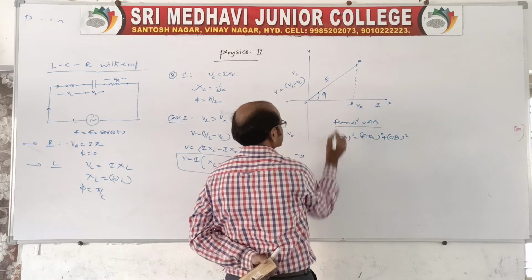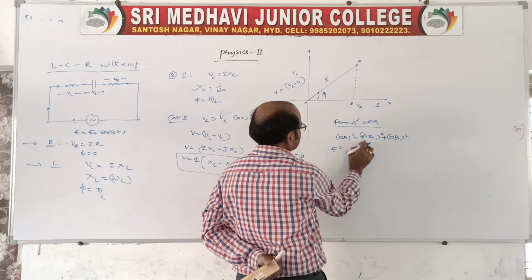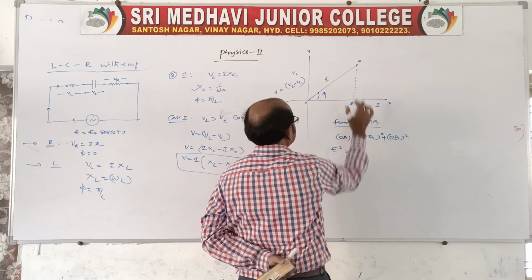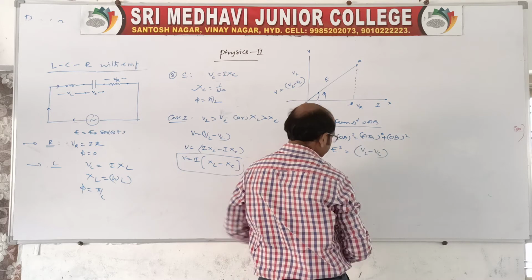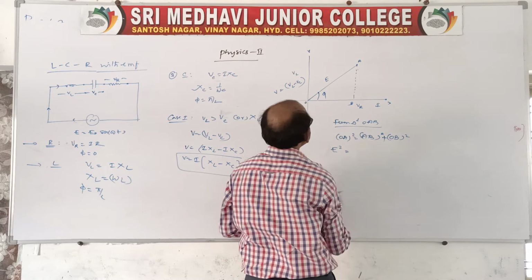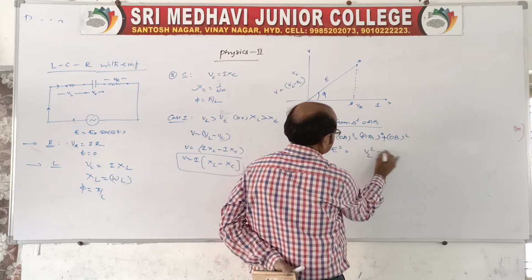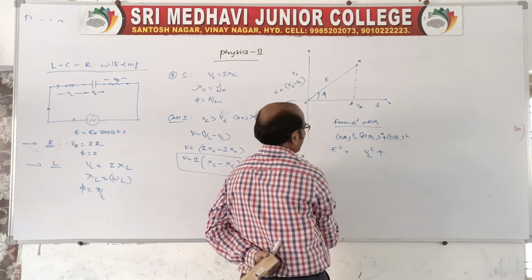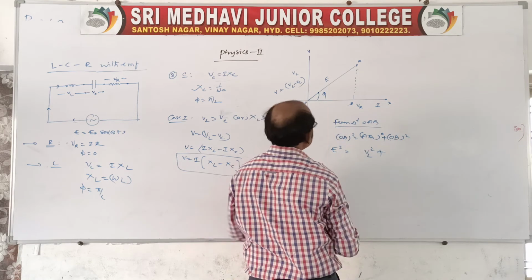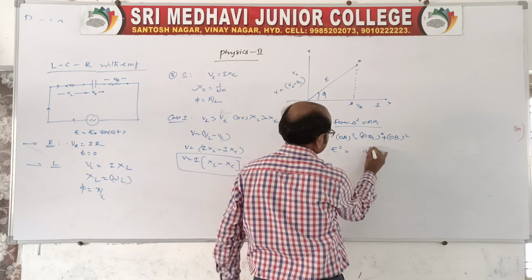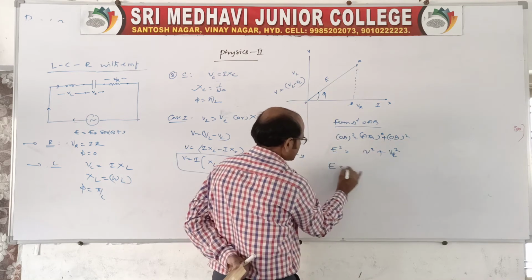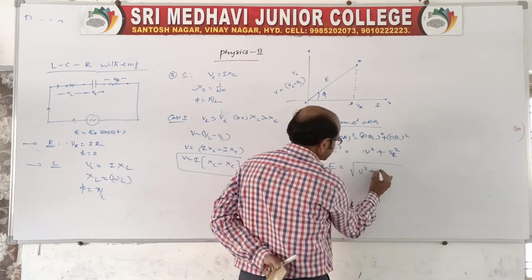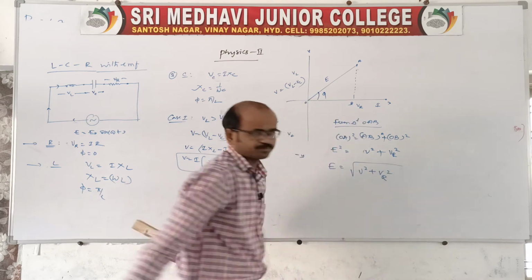Of course, OA is nothing but E, AB is VL minus VC, and OB is VR. So E square is equal to V square plus VR square, so E is equal to root over V square plus VR square.